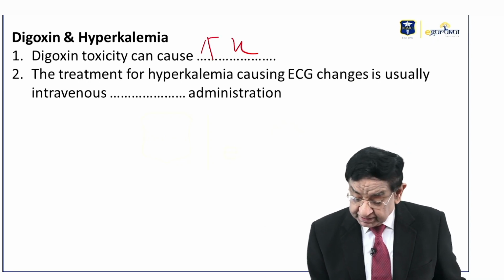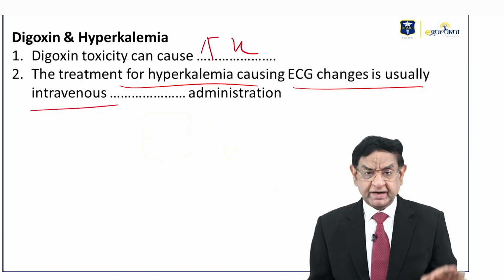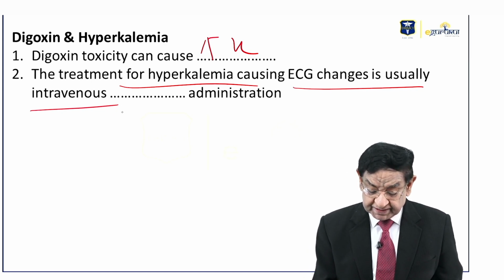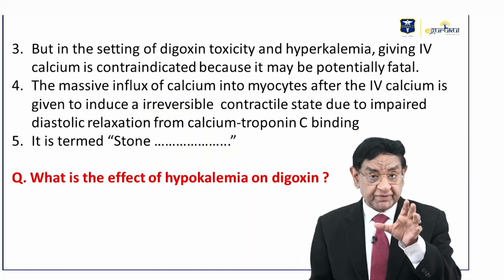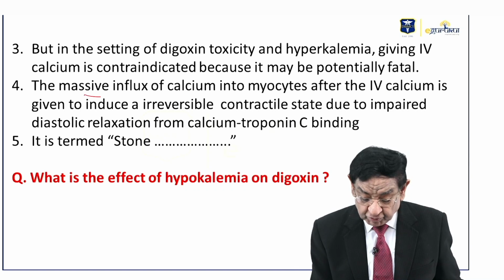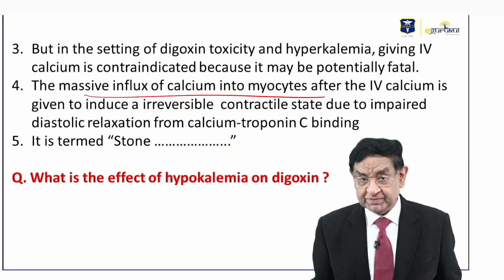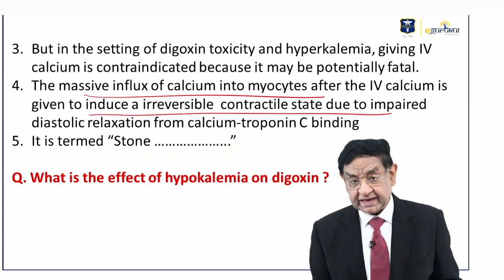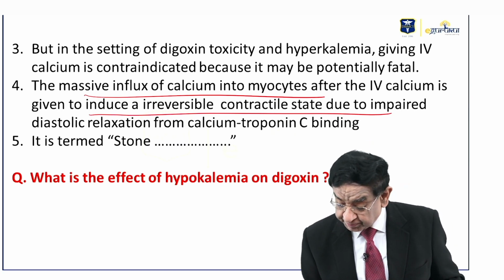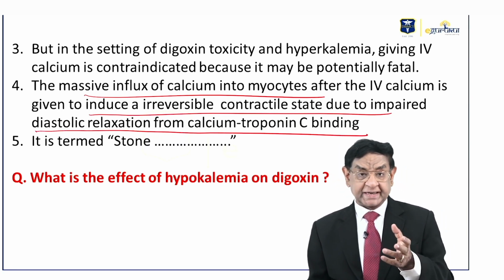Now, as I told you, treatment of any case of hyperkalemia is by giving intravenous calcium. But in this condition, if you give it, a massive influx of calcium will happen, the point I told you in the previous slide also. It will induce an irreversible contractile state due to impaired diastolic relaxation from calcium troponin C binding.